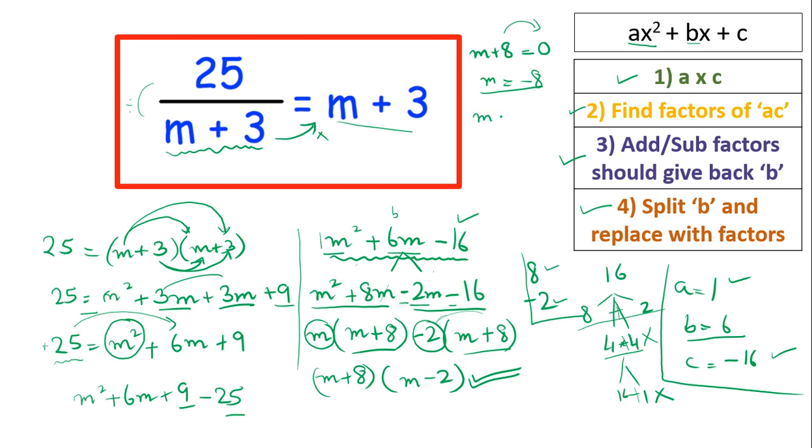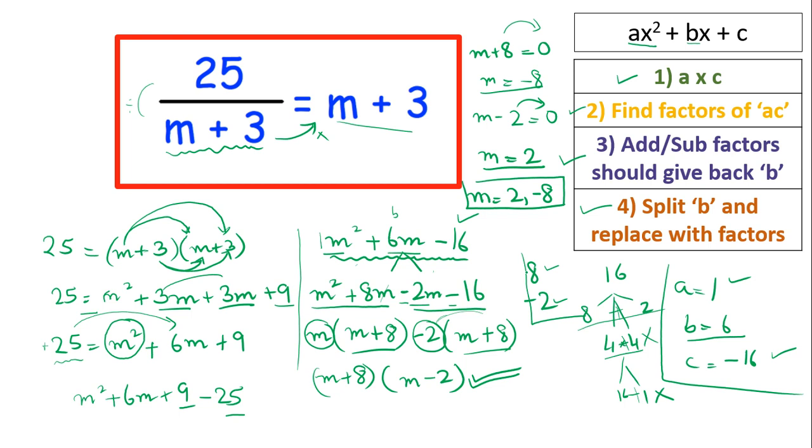Or I'm going to find the next factor, that is m minus 2 was my factor. I equate it to 0. I take the negative 2 to the other side. When negative goes to the other side, it turns into positive. So m is equal to positive 2. Now, m is either equal to positive 2 or it's equal to negative 8. These are my two answers for m.